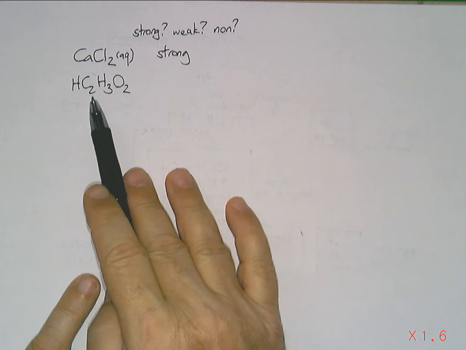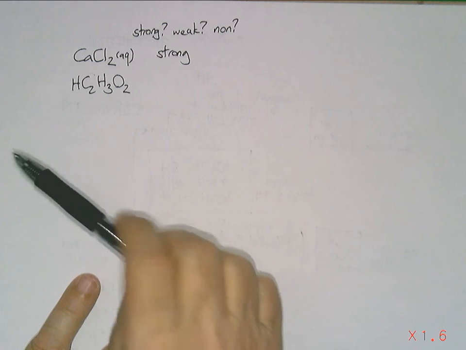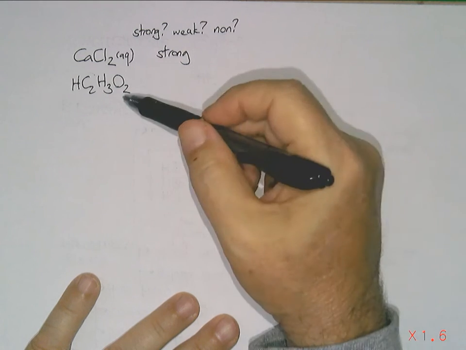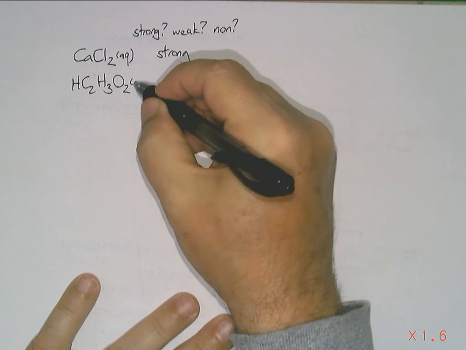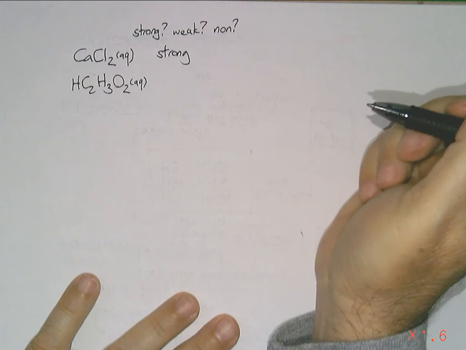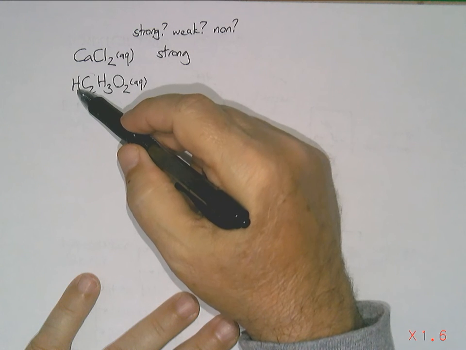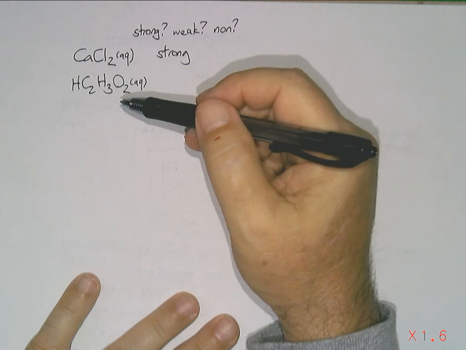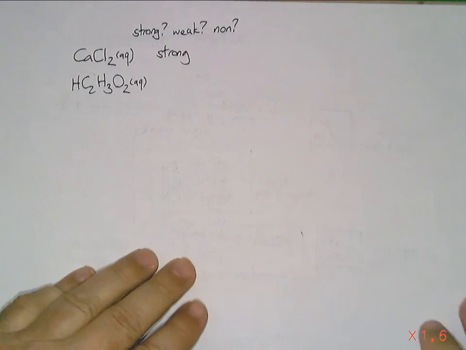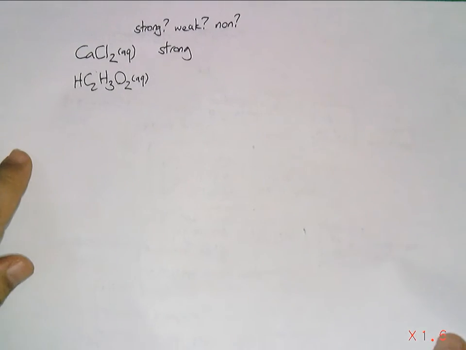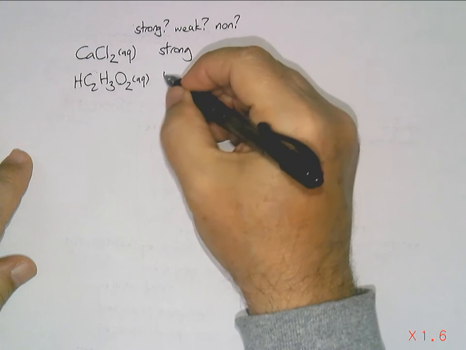So instead of acetate, it'll be acetic acid. Is this a strong, weak, or non-electrolyte when you dissolve it in water? Well, it's an acid because it starts with an H. But it's not on your strong acid list. It's not one of your 6 strong acids. Not on the list, so it must be a weak acid. So it must be a weak electrolyte.